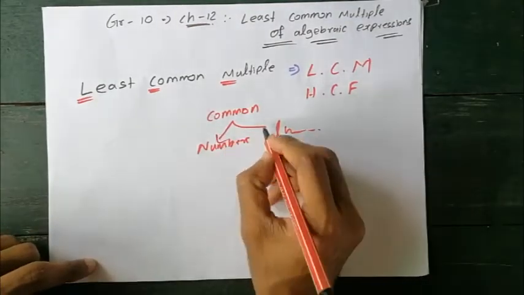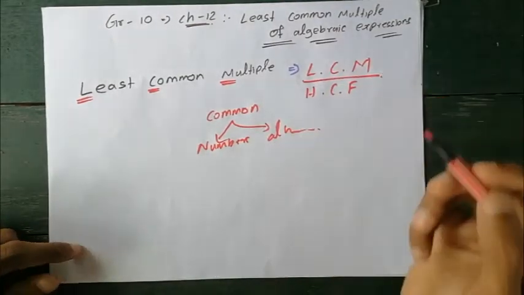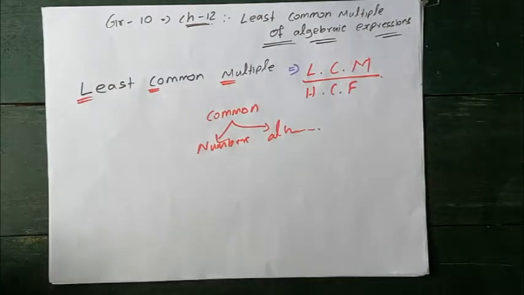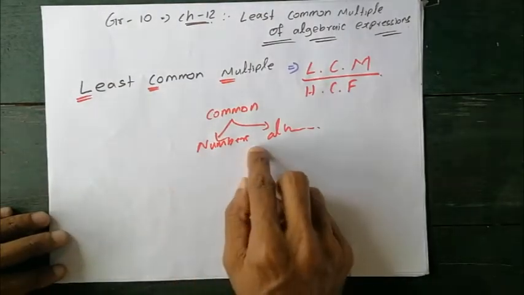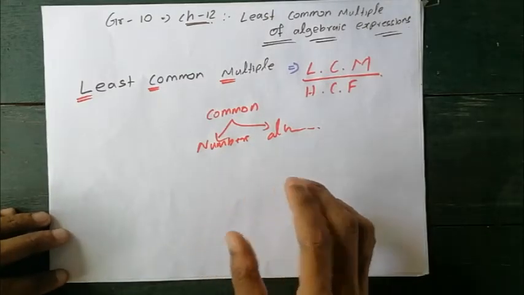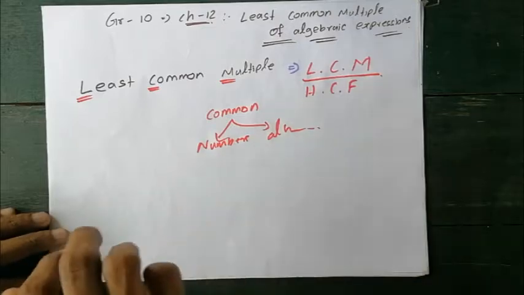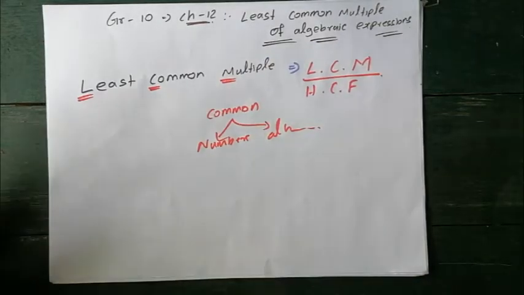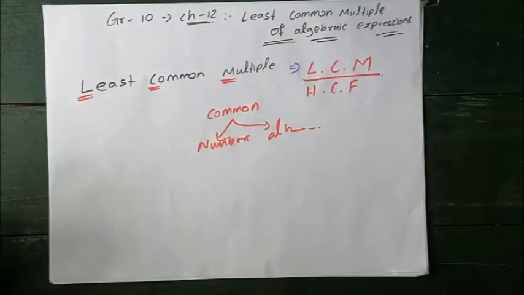The previous method you studied for LCM is easy only for numbers. So in grade 10 we are going to study a new method. It's easy to find LCM for both numbers and algebraic expressions.